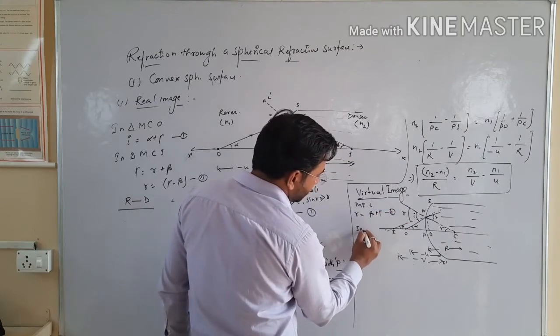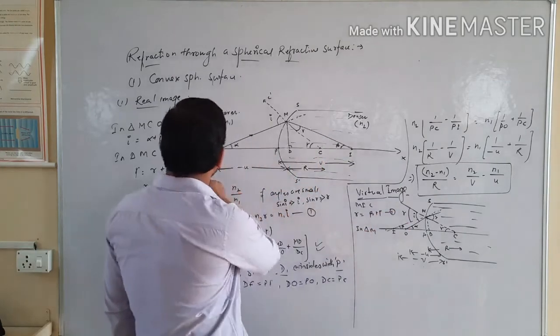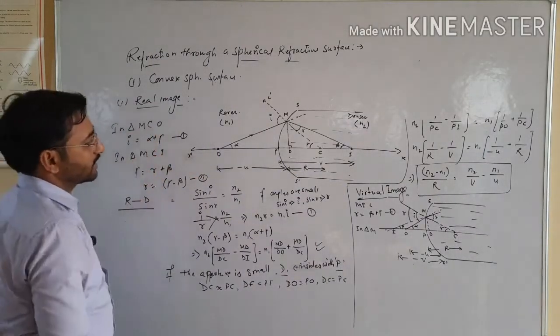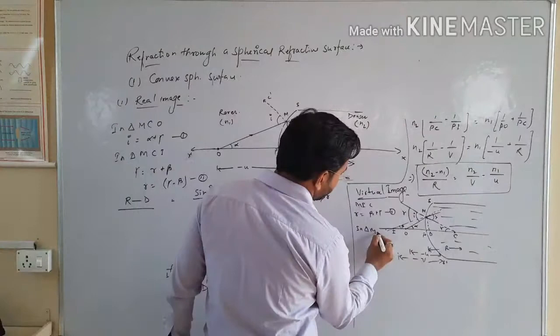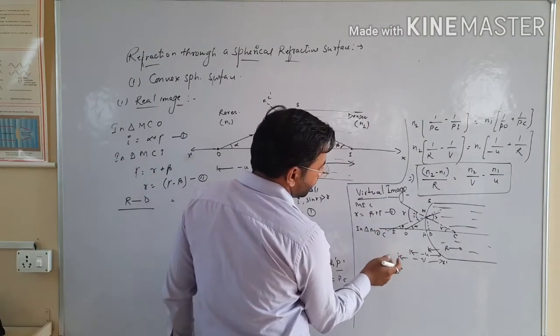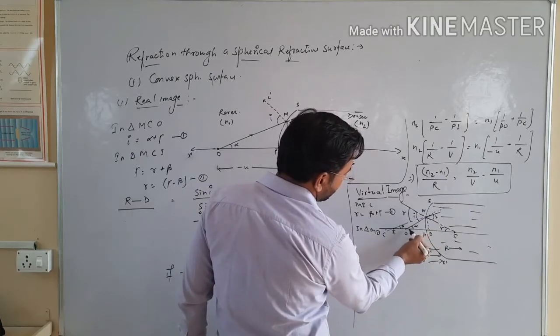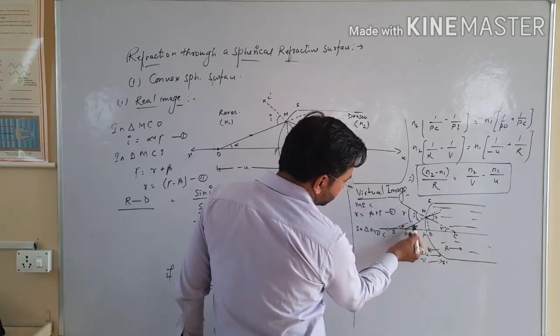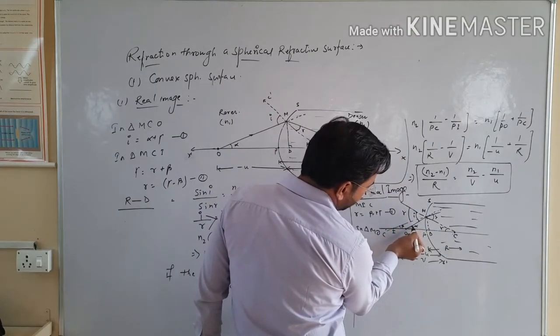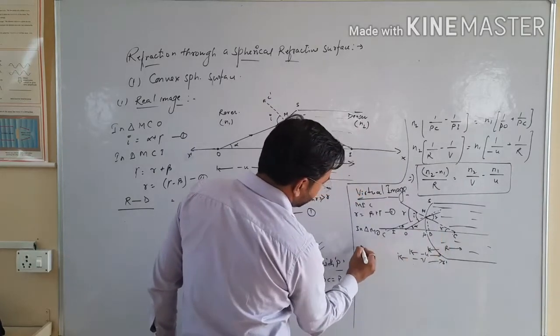Similarly, in triangle MOC, for this ray the angle is I, and that I will be equal to gamma plus alpha.